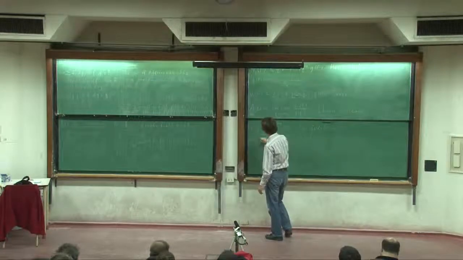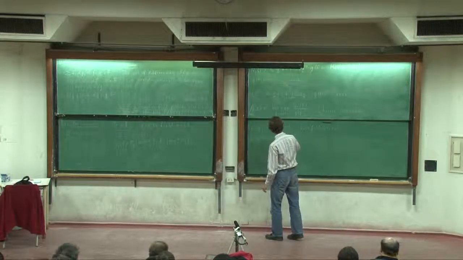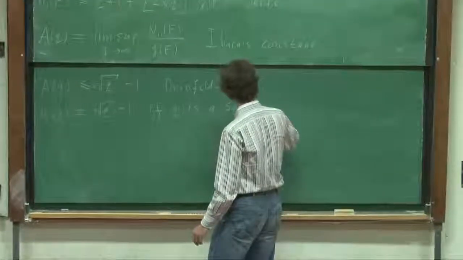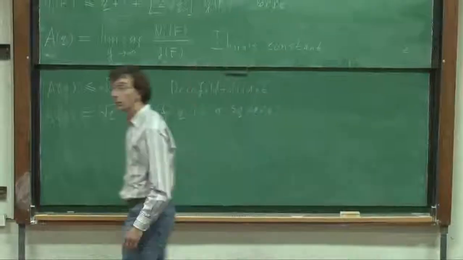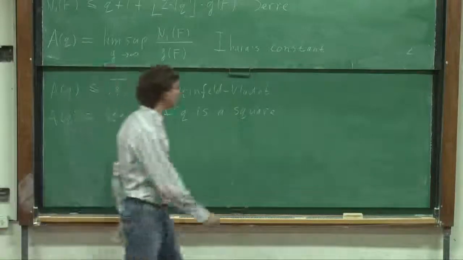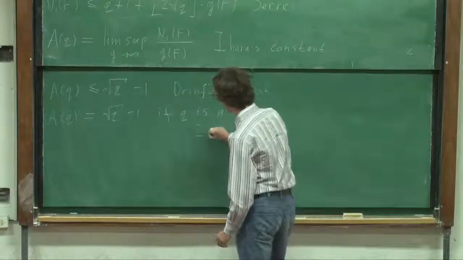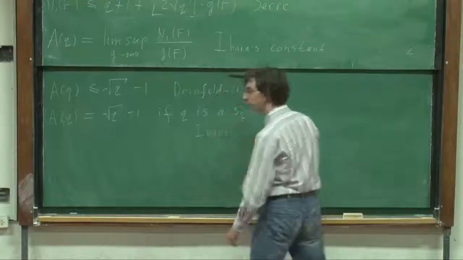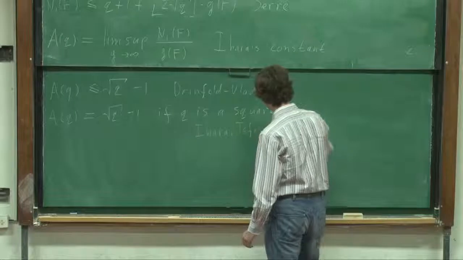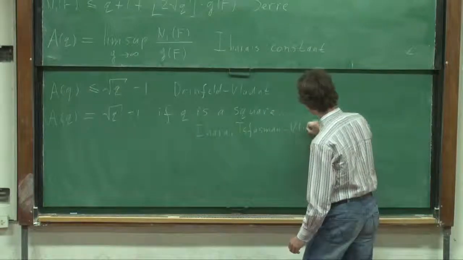A little bit more is known. For example, if q happens to be a square number, then equality holds. This is a result by Ihara, and later independently by Tsfasman, Vladut, and Zink.